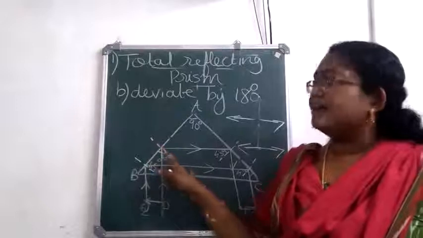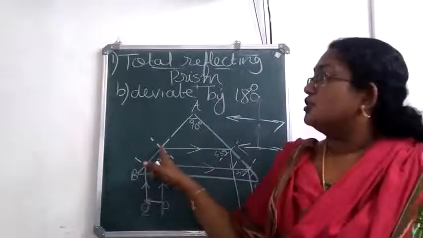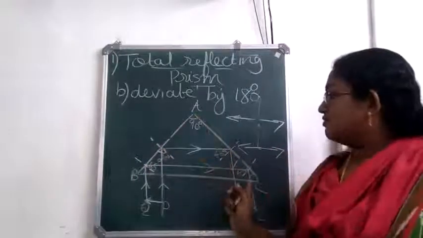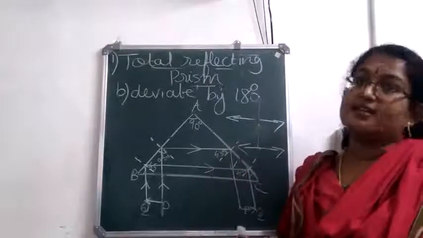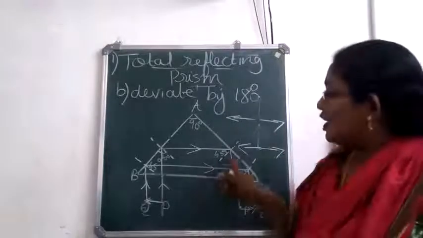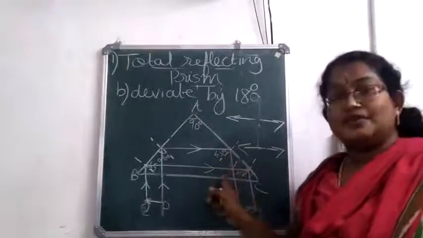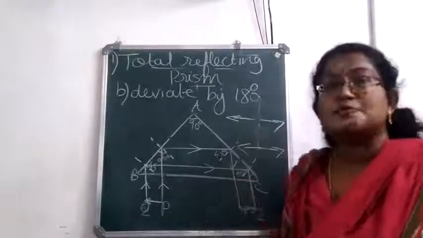Here the angle of incidence is 45 degree, which is greater than the critical angle. So the ray undergoes total internal reflection and reaches the face AC. There also angle of incidence is 45 degree, which is greater than the critical angle. So it will undergo total internal reflection and hits on the surface BC.